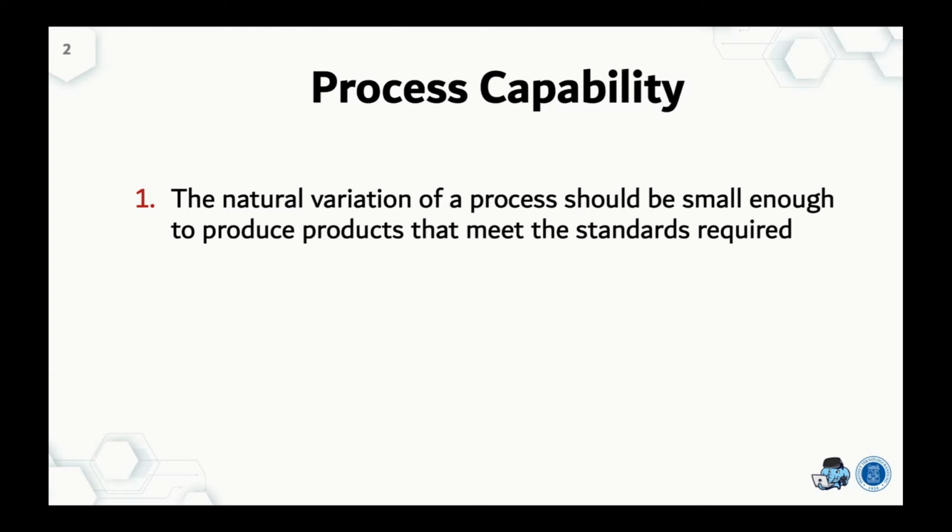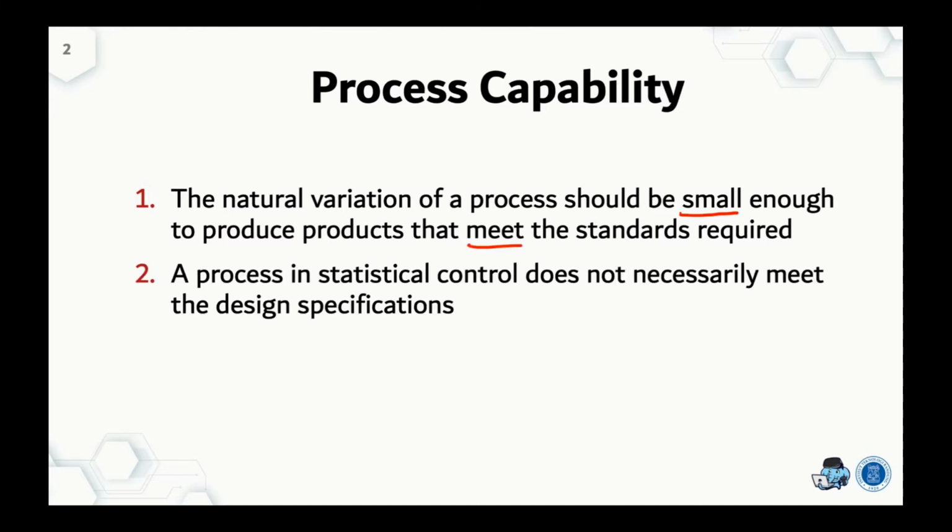We tried to find the assignable variation of a process and remove it. But here in process capability, we are concerned with the natural variation of the process. It should be small enough. It should meet our standard.